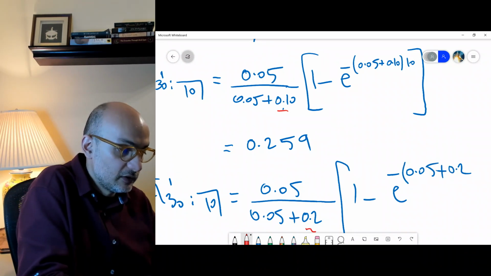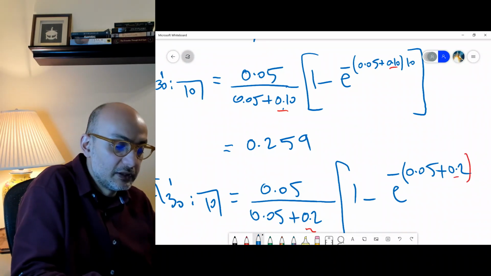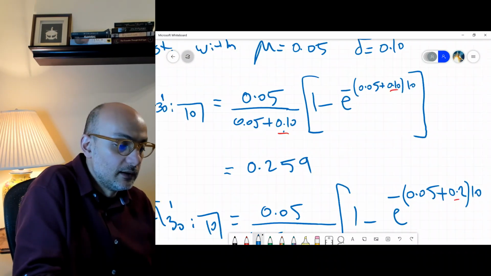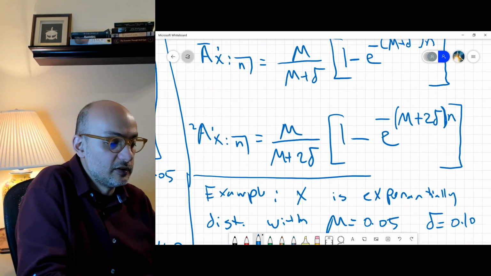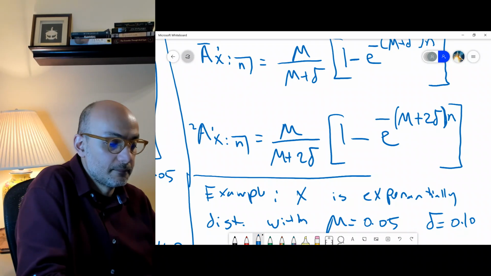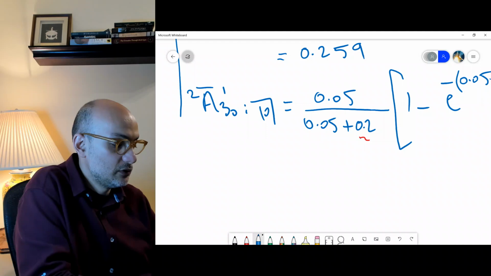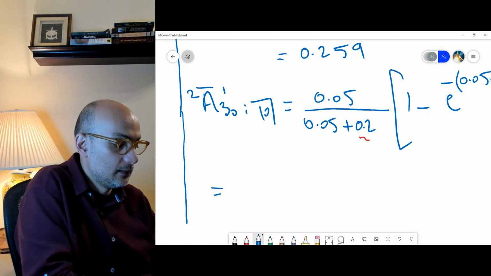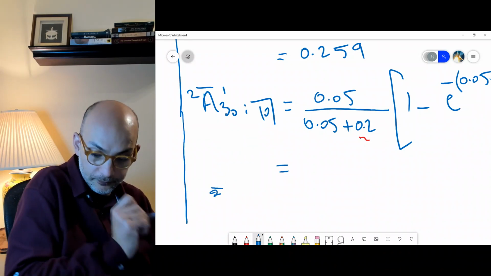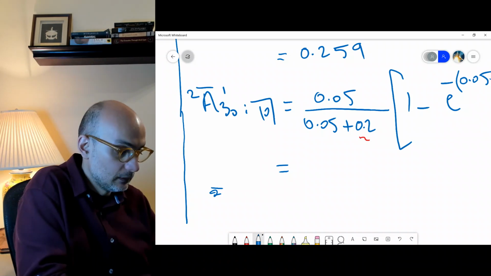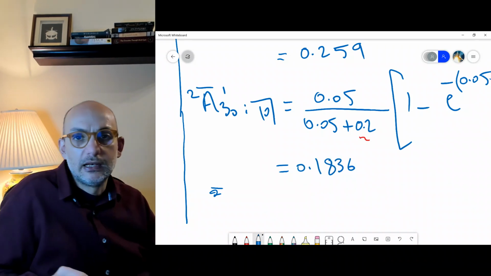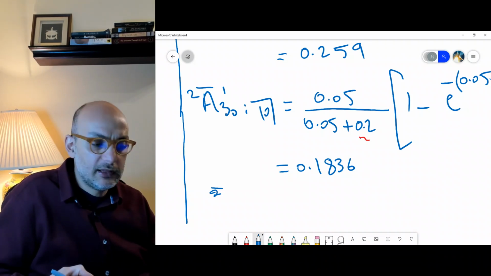Do you see the difference here? And why 0.2? It's because it's 0.2 multiplied by delta, and then 10. It's the formula, it's here, right? Should be easy. And if you do this, now we will get this one to be equal to, again, you pause me and you calculate and verify your answer.